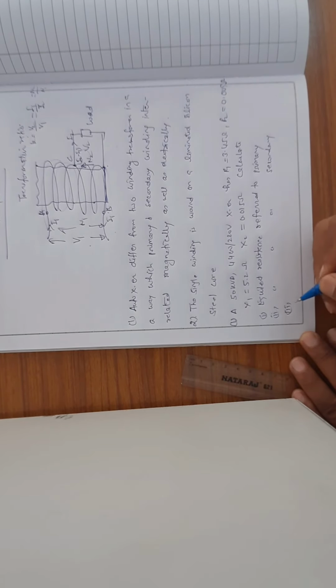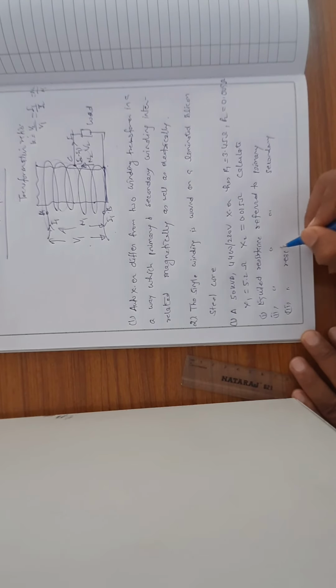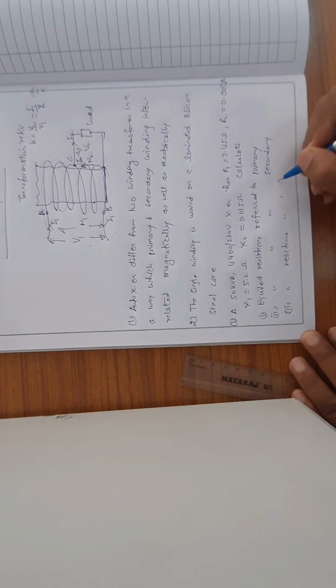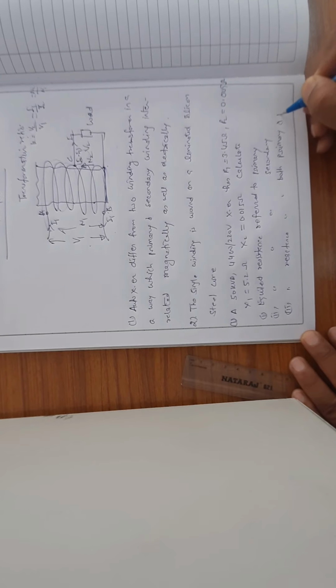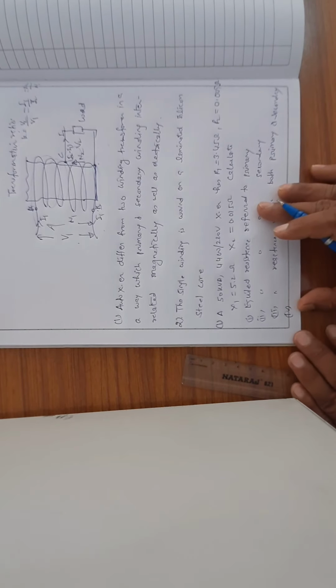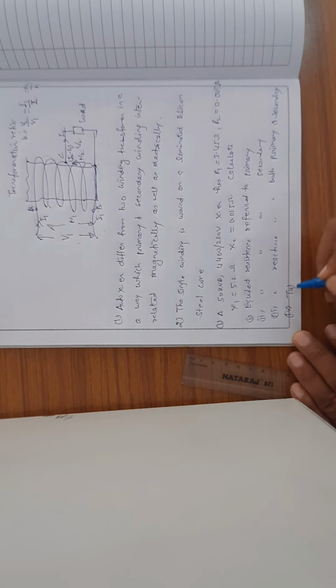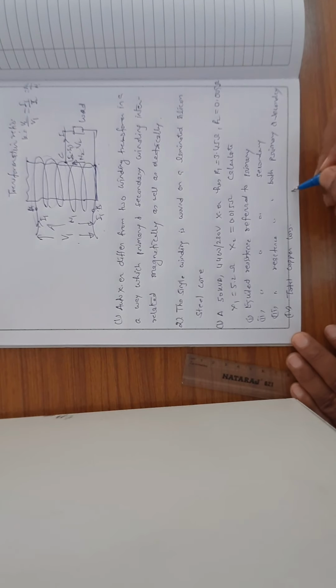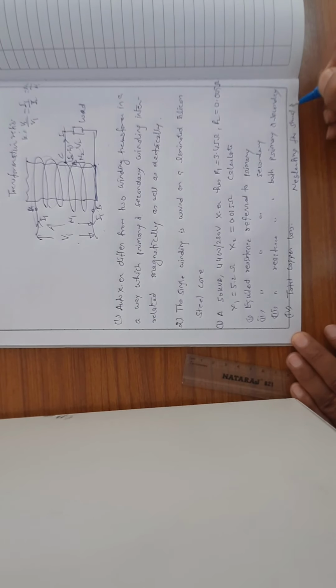Third one is the equivalent reactance referred to both primary and secondary side. Fourth point, total copper loss, neglecting the shunt branch resistance.